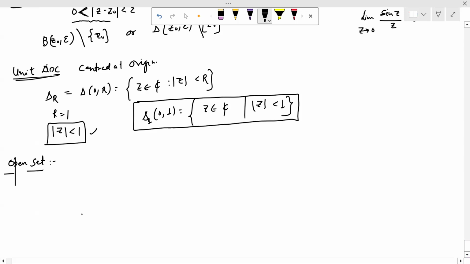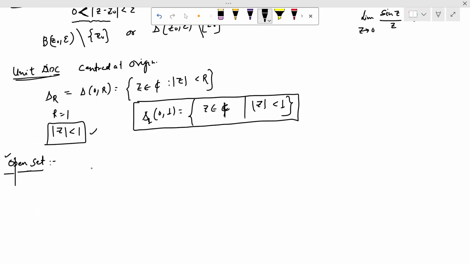In fact, there would be books where you may not find all these definitions written in one place. Open any book of complex analysis, some will have this kind of topic, don't worry. But other books will use open set and closed set directly. So therefore, I'm mentioning it here.